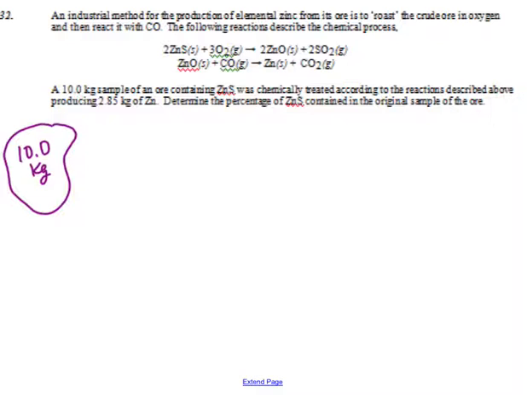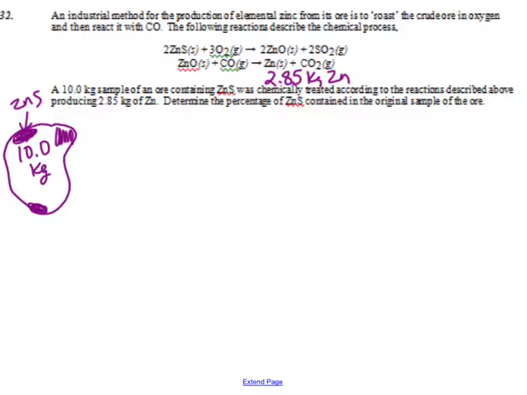Within that sample, there are spots of zinc sulfide. When you put this whole 10 kilograms through this process, you end up producing 2.85 kilograms of zinc. So the question they want to know is, what percentage of this is actually zinc sulfide?